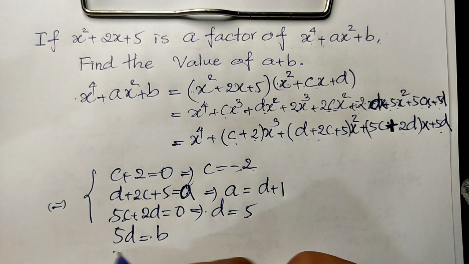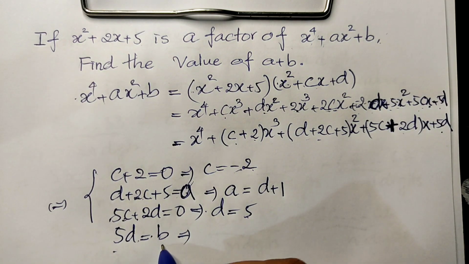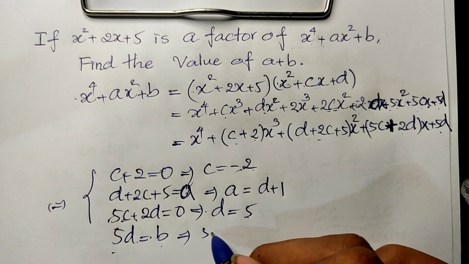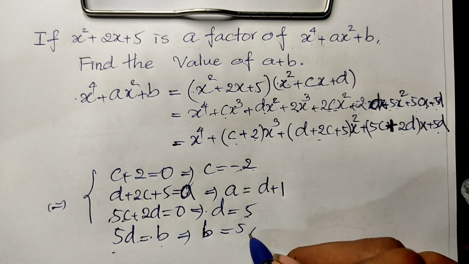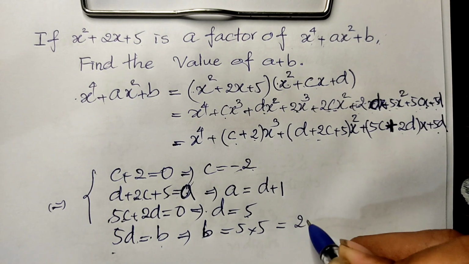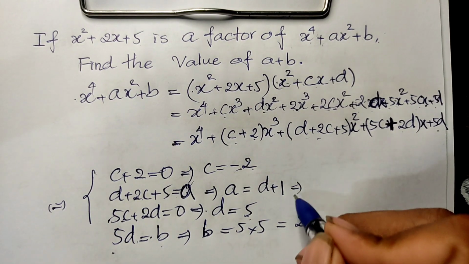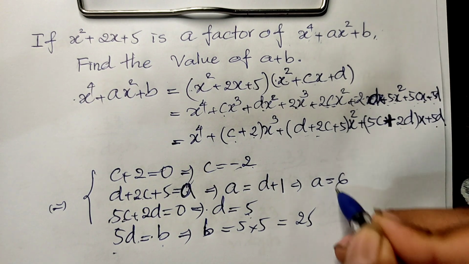And b is equal to 5 multiplied by 5, we get 25, and a is equal to 6.